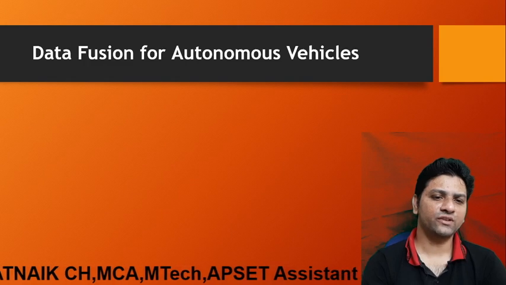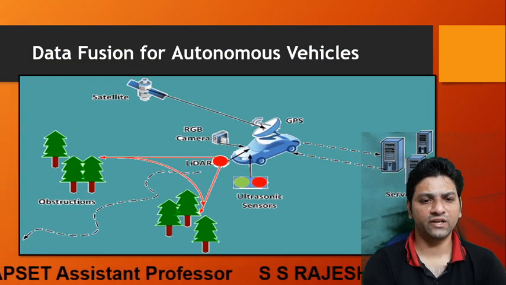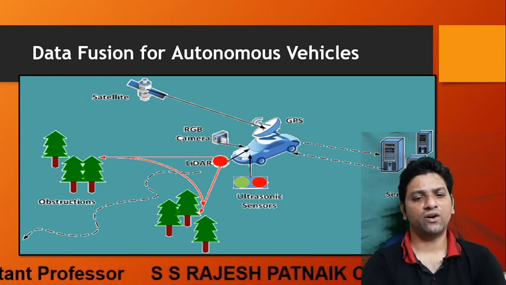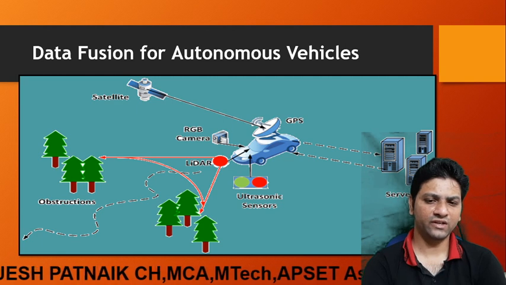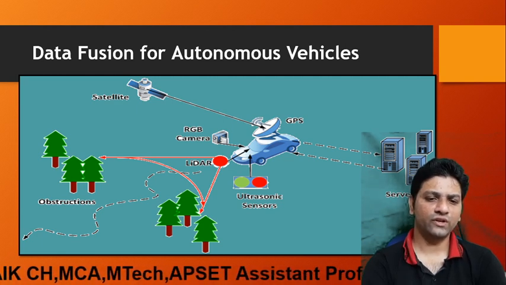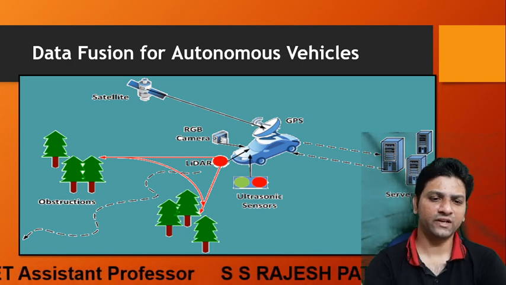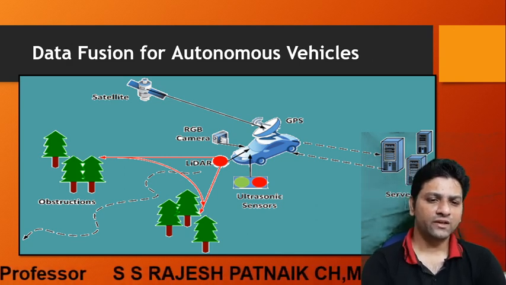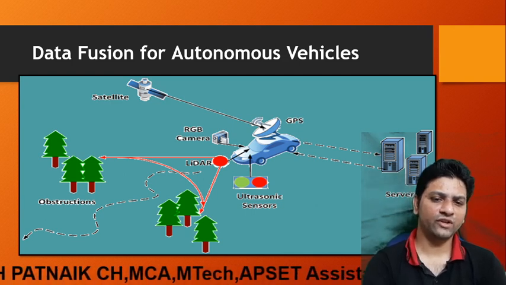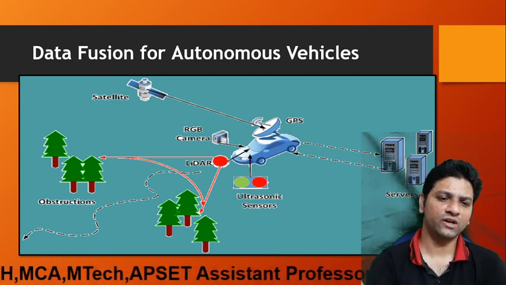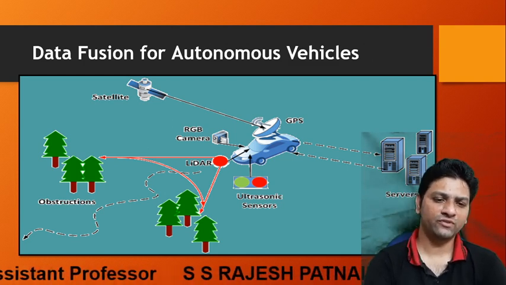And data fusion for autonomous vehicles: if you take a real-time car nowadays, it has GPS tracking, which comes from the satellite, and an RGB camera. The camera captures the outside surroundings and sends the data to the cloud for different purposes.